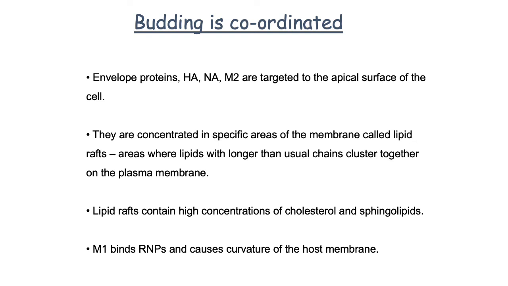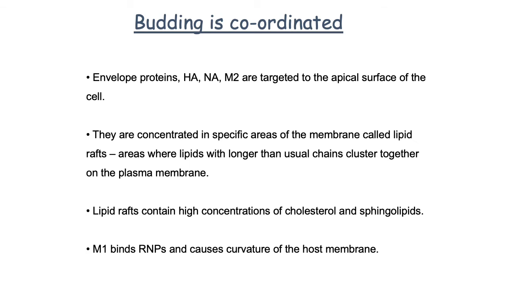So it's like a little floating island that floats around the surface of your cells. And the proteins of influenza virus, like the HA and the NA and the M2, all have extra long transmembrane regions. And so they just lock into those regions with the sphingolipids. And so that's how the proteins get clustered together.